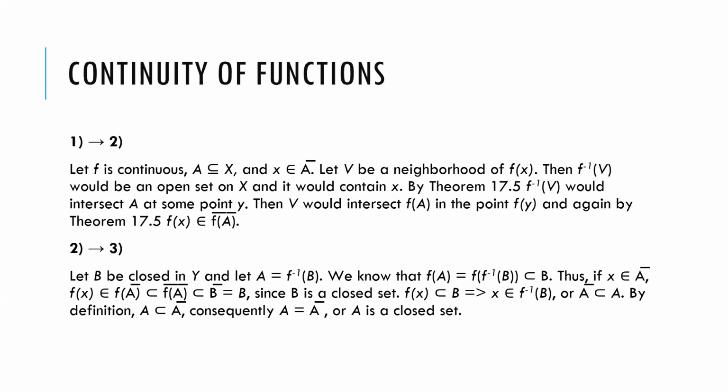So f of x is in B, and thus x belongs to the inverse image of B, so the closure of A is a subset of A. By definition A is a subset of the closure of A, thus A equals the closure of A, or A is a closed set.